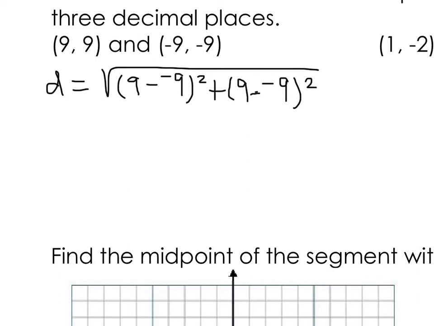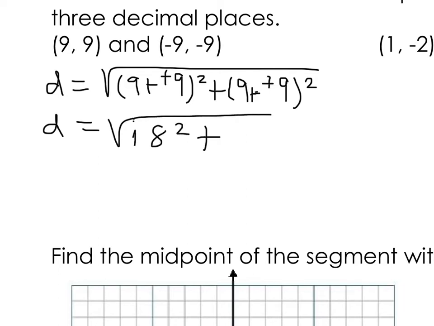Notice that each of these has minus a negative, which we can change to plus a positive. So that's 9 plus 9, that's 18 squared plus 18 squared. What is 18 squared? 324.